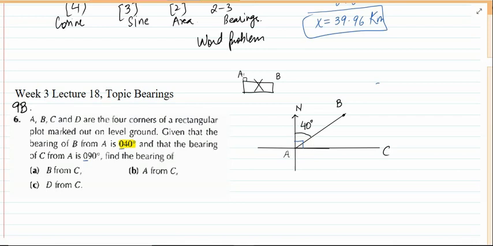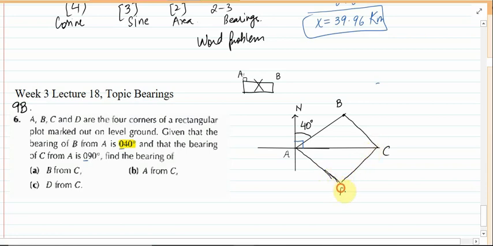Now for point D, we know that it is a rectangle. Opposite sides are equal and parallel. So I am going to plot a rough sketch here. Like this it's my rectangular plot, right? That is point D, and we know that these two lengths are equal and these two lengths are equal.